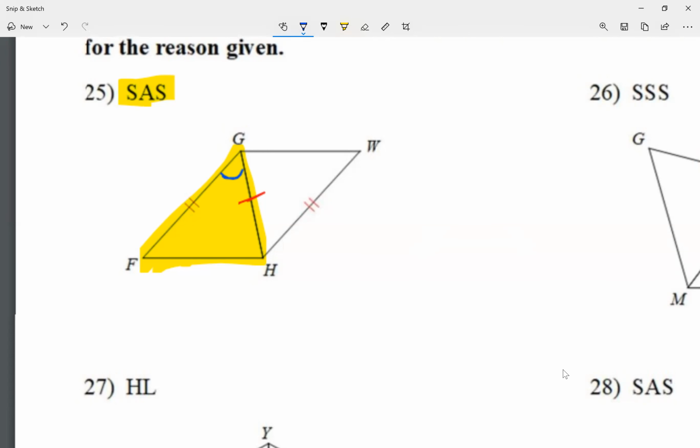Now, I'm not going to call this angle G because if I said angle G, you might ask, which angle G? Is it this angle G? Is it this other angle G? Is it this angle G? If you guys just say angle G, you don't really specify that triangle because I don't know which triangle you're looking at.